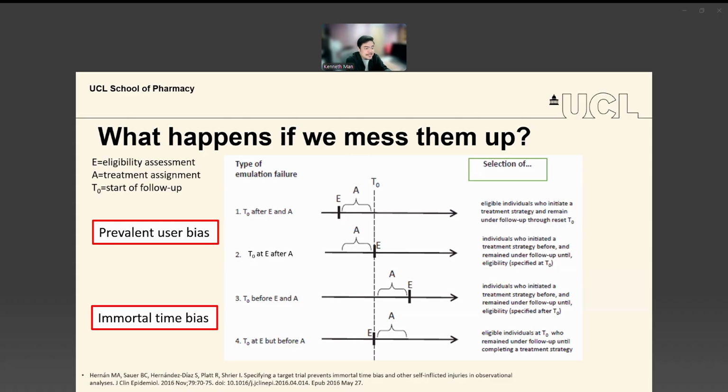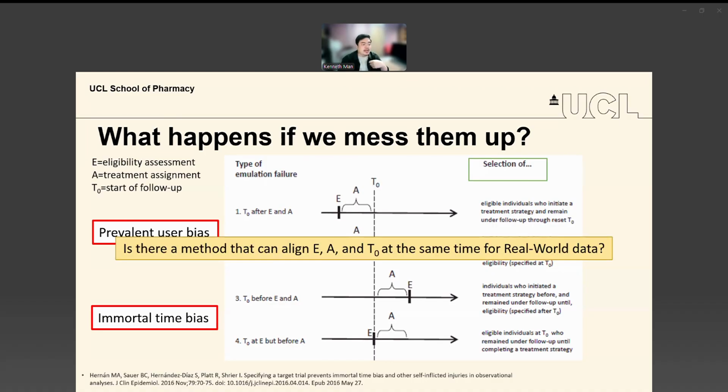If your treatment assignment is after you start the follow-up, then potentially you may be running into immortal time bias. And in many cases, especially when we are trying to compare treated versus non-treated groups, all these biases may favor the treatment, the exposure of interest. So that will overstate your results and potentially affect the conclusion, which is something that we would not like to have.